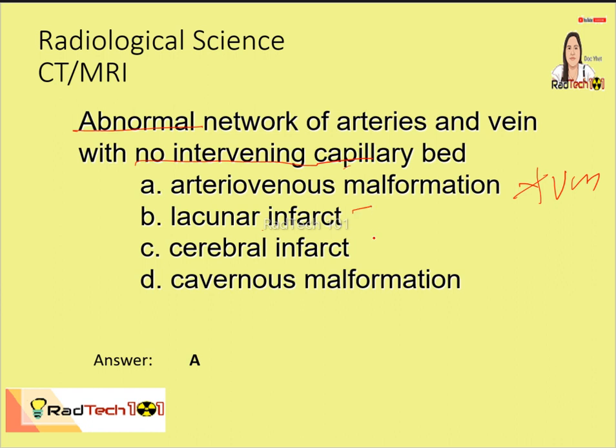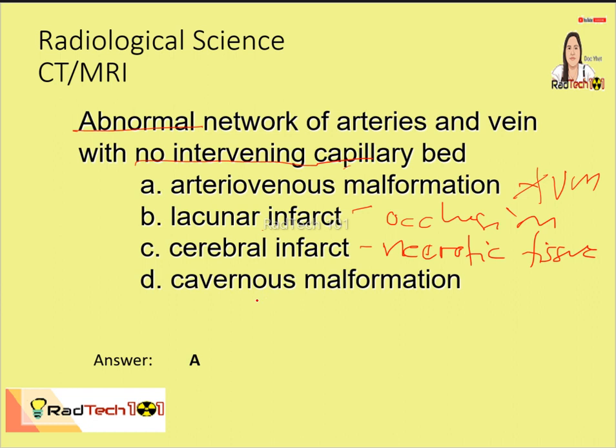Lacunar infarcts are non-cortical infarcts caused by occlusion of a single penetrating branch of a large cerebral artery. While cerebral infarction is a pathologic process resulting from necrotic tissue in the brain.